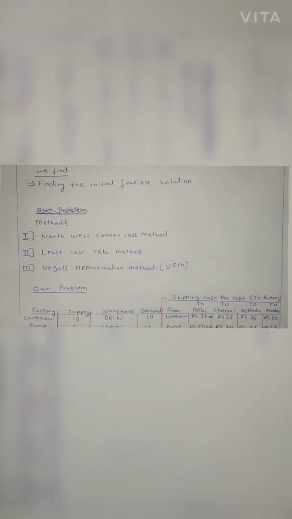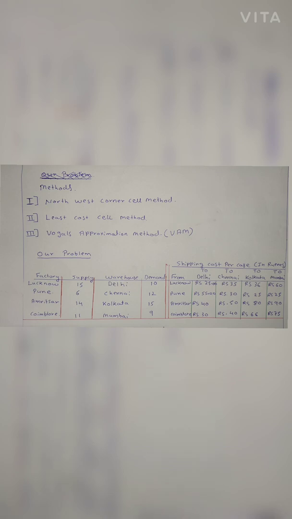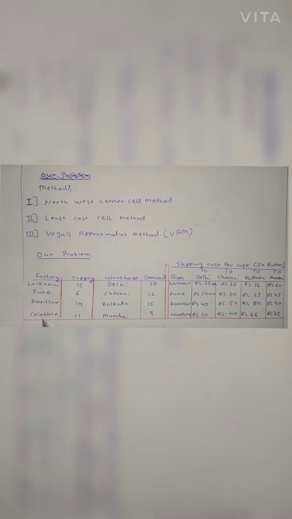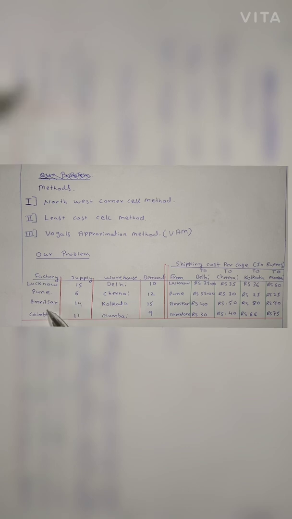As in my slides you can see this problem, the same problem I copied over here. There are four factories. One is in Lucknow, second is in Pune, third is in Amritsar, fourth is in Coimbatore. The supply from your company is 15 from Lucknow, 6 from Pune, 14 from Amritsar, and 11 from Coimbatore.